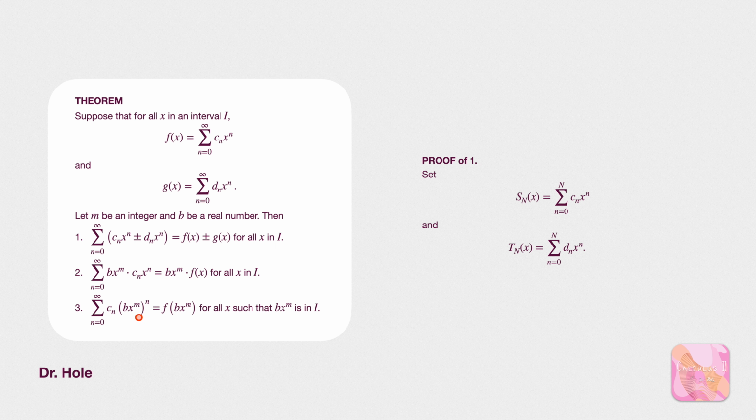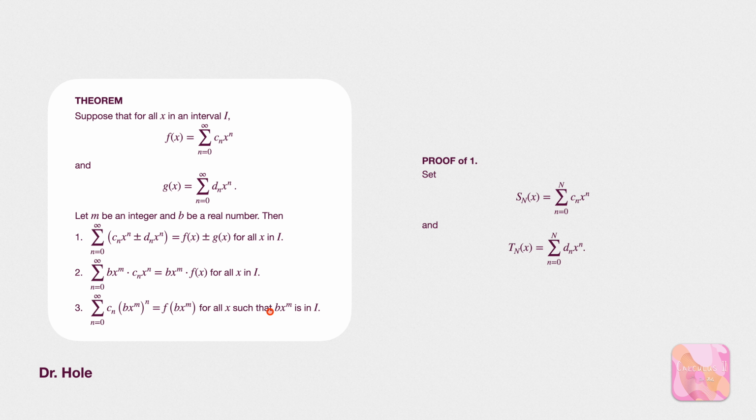And then if we were to take the x's given by f and swap them out for b times x to the m, so note that we have cn, there's a cn here, x raised to the n, and then for x, swap it out with the form of bx to the m, quantity to the n. Then what does that do in terms of the f? That's simply taking the original input x and swapping it out for this new form.